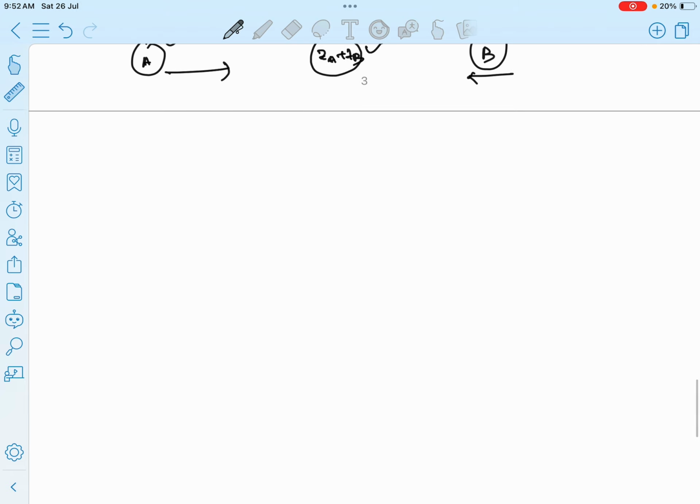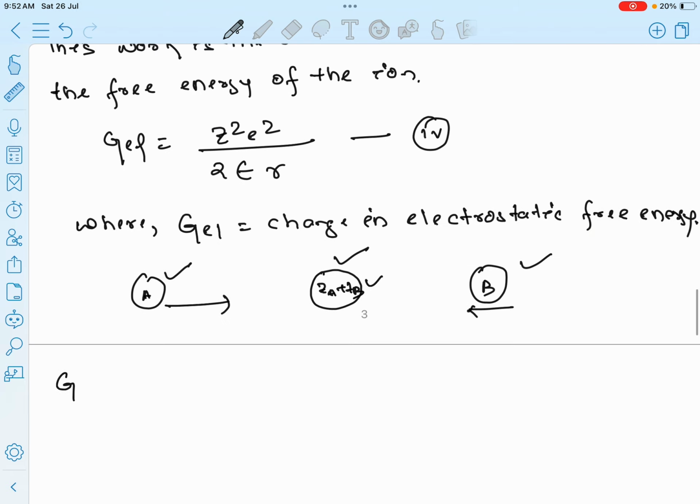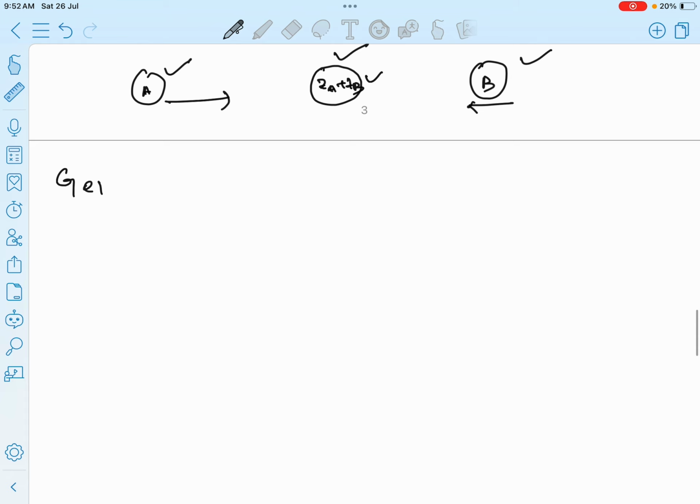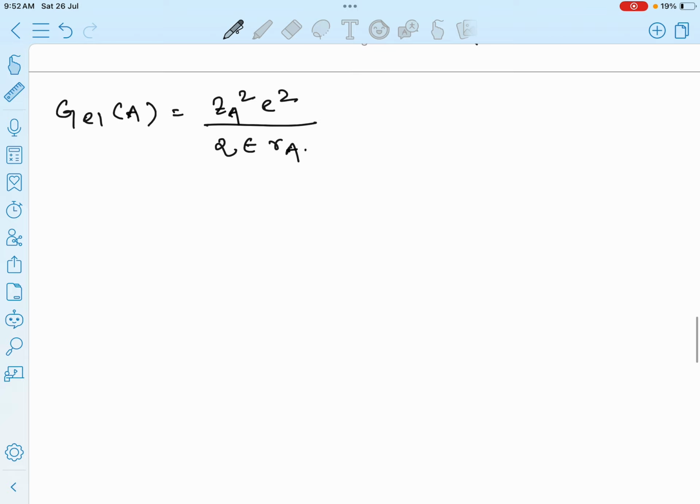So therefore we can write, by using equation number 4, that G EL of A, the free energy due to the A ionic species, will be given by the square of the charge on the A ion divided by 2 epsilon times the radius of the A ion.